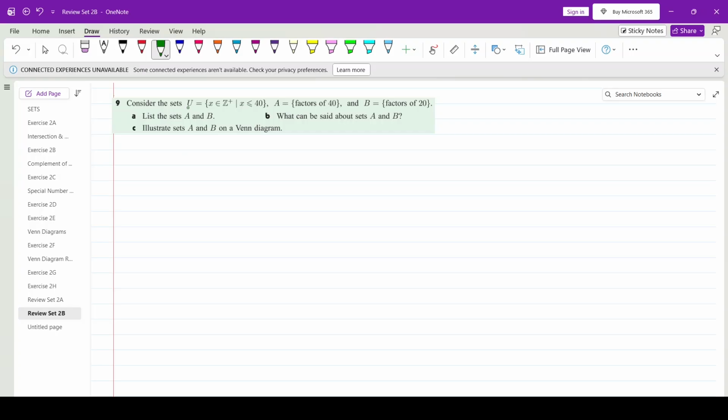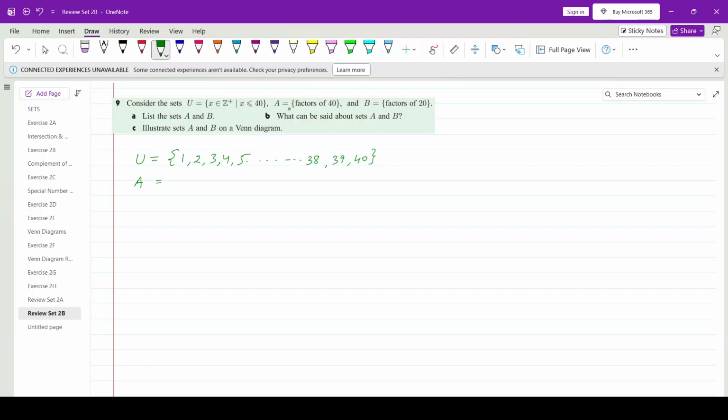Consider the sets U, that is the universal set. It is a set of positive integers less than or equal to 40. So let's first list the elements. Positive integers start from 1, 2, 3, 4, 5, and so on till 38, 39, and 40.